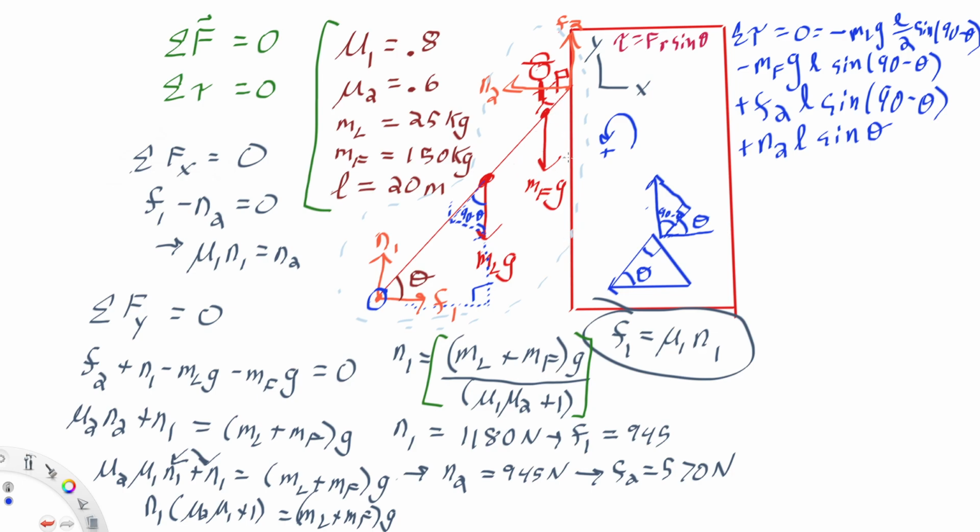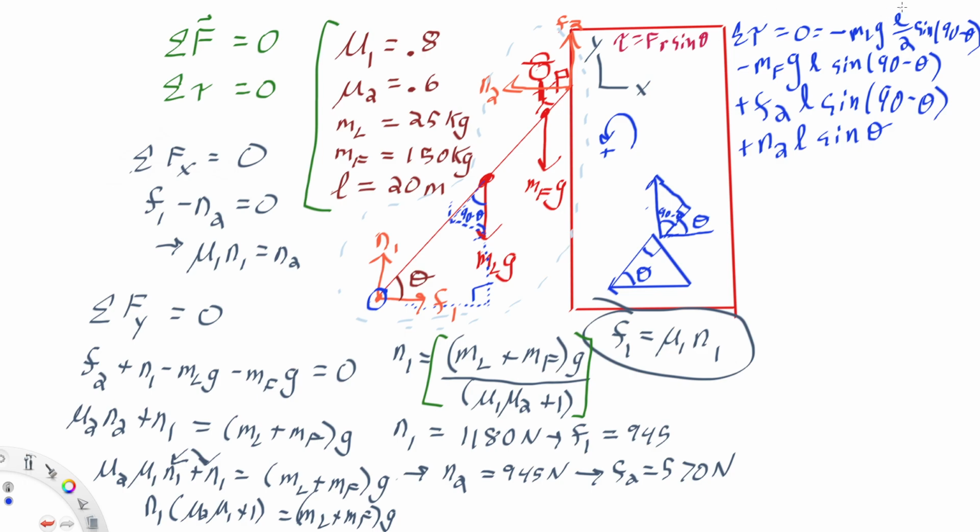Same for the weight of the firefighter. And actually, same for F2. And then N2 is the only one where the angle between the ladder and the force is actually theta instead of 90 minus theta.